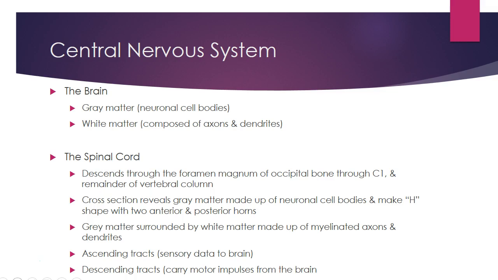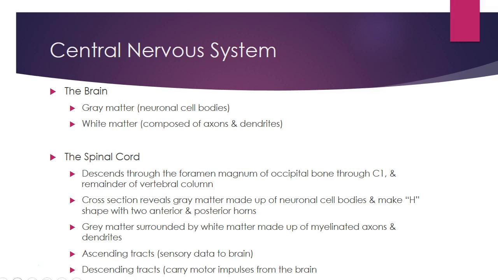All right, so your spinal cord will descend through the foramen magnum. Foramen just means opening of the occipital bone. It goes through C1 and then goes down to the remainder of the vertebral column. The cross section of the spinal cord will show you gray matter, and that gray matter will make up an H. The gray matter, again, is made of neuronal cell bodies, and the H is basically two anterior posterior horns.